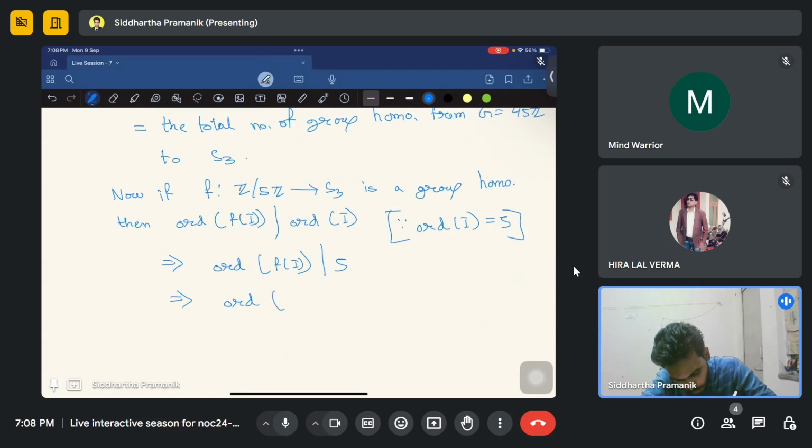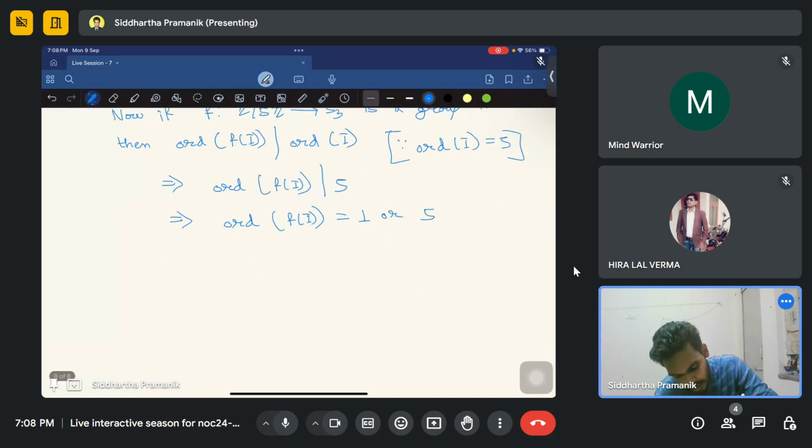So the order of f of 1 bar is either 1 or 5. So in S3, do you have any element of order 5? No, right?